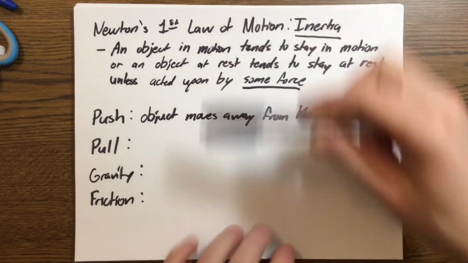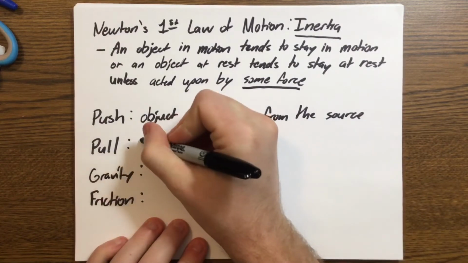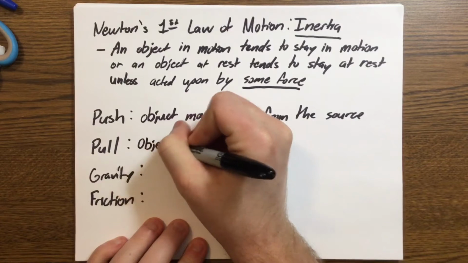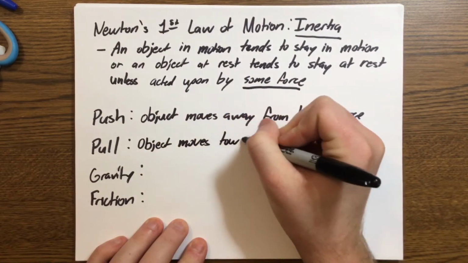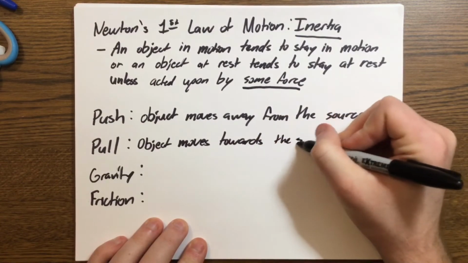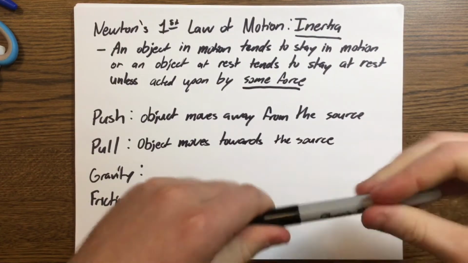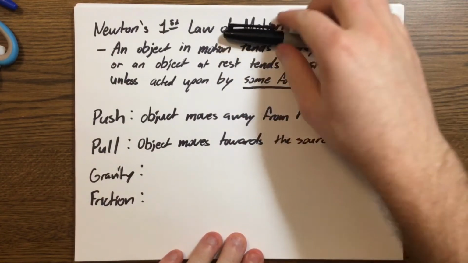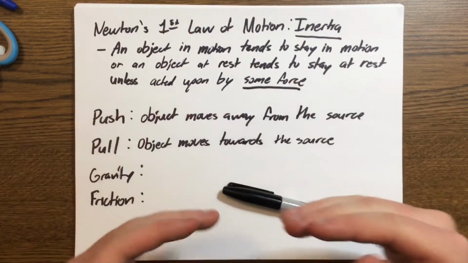That's a push. A pull, an object moves towards the source. So, marker was over here after the push. I bring it towards me. That's a pull. I brought it towards the source, which is me.